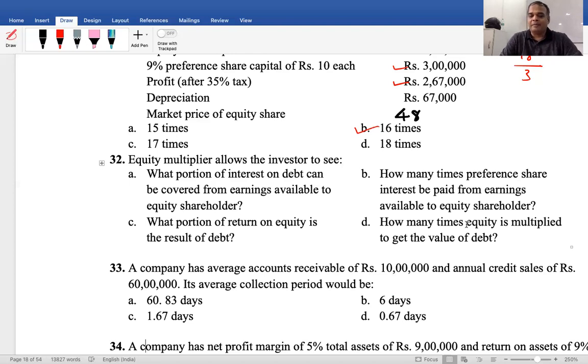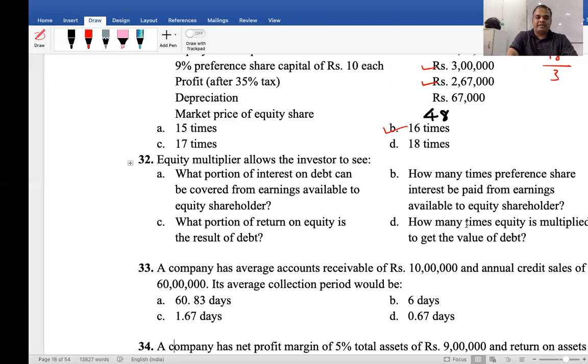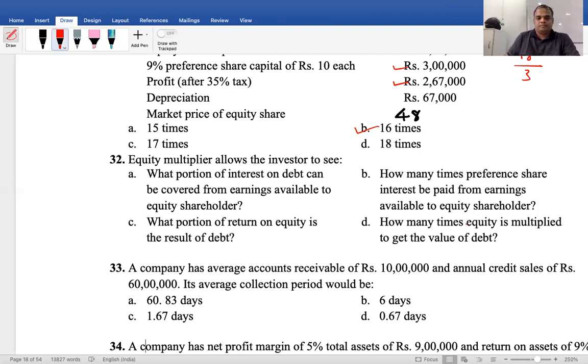And D, how many times equity share is multiplied to get value of debt. So what is the right answer? The answer is what portion of return on equity is the result of debt. Answer C.